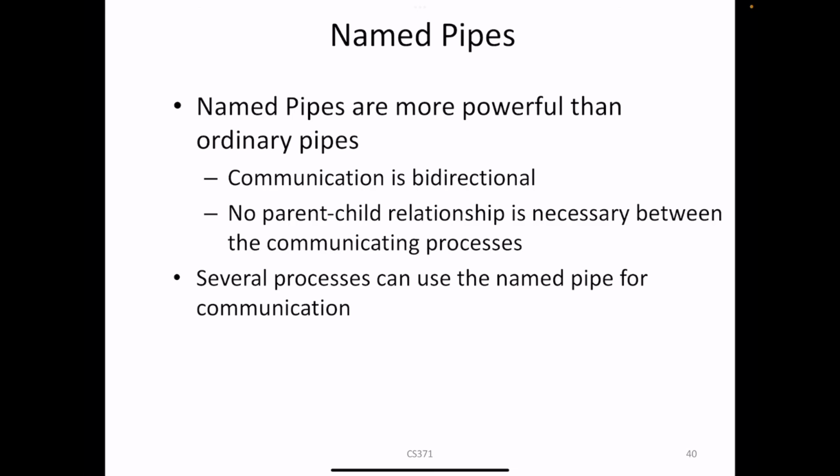And a named pipe can be used by multiple processes. That is why named pipes are more powerful. Since the pipe has a name, the pipe can be known by multiple and unrelated processes. So those processes can use the name to find the pipe, then communicate with each other through the pipe.